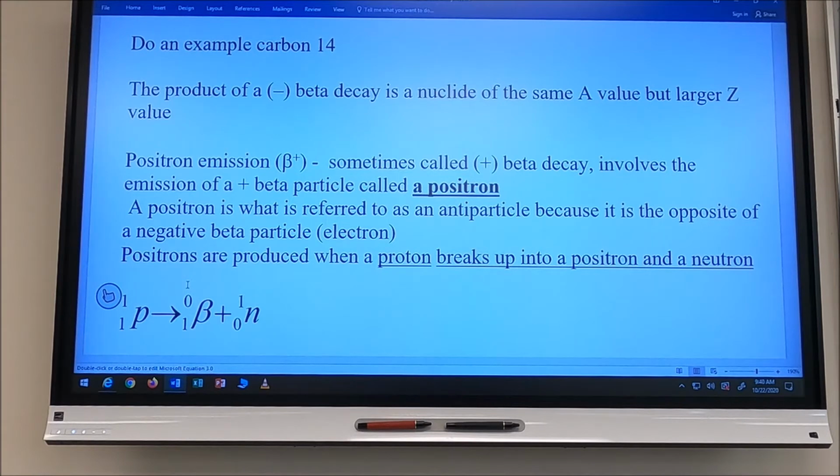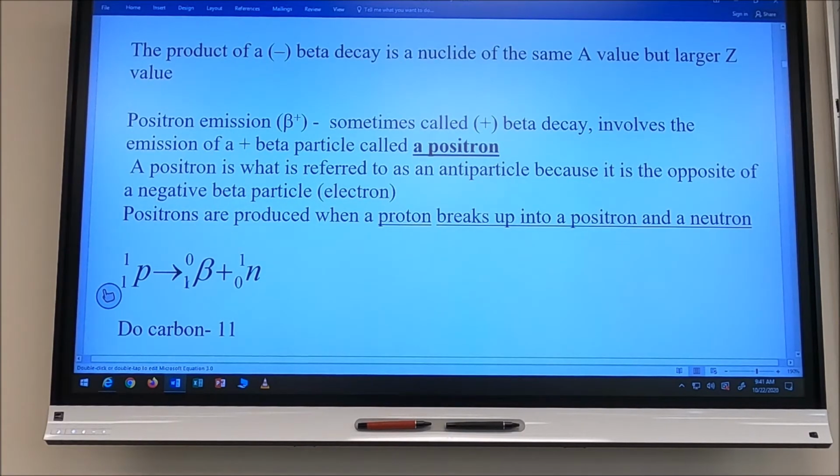A positron is an anti-beta particle, or sometimes called a positive beta particle, because it involves the emission of a particle that's the same size as a beta particle, but it's positive in charge, not negative in charge. So that's why it's called an antiparticle or an anti-electron. A positron is produced when a proton breaks up into a positron and a neutron.